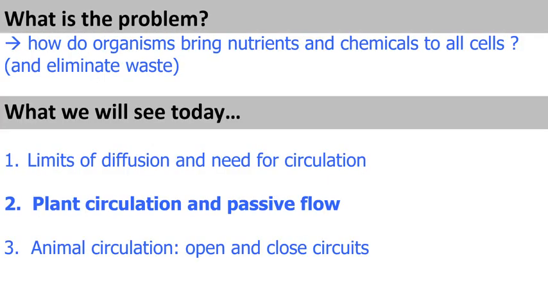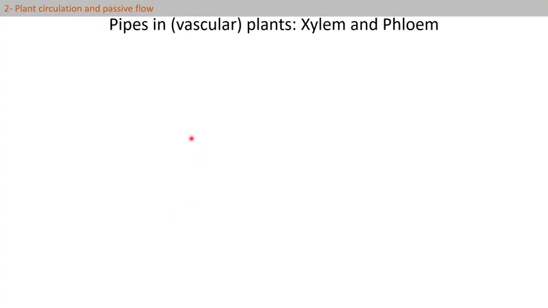So let's now start to go in detail about plant circulation. So we need a pipe system and we need a way to generate pressure. Let's start with the pipes. So pipes in vascular plants are of two kinds, the xylem and the phloem.